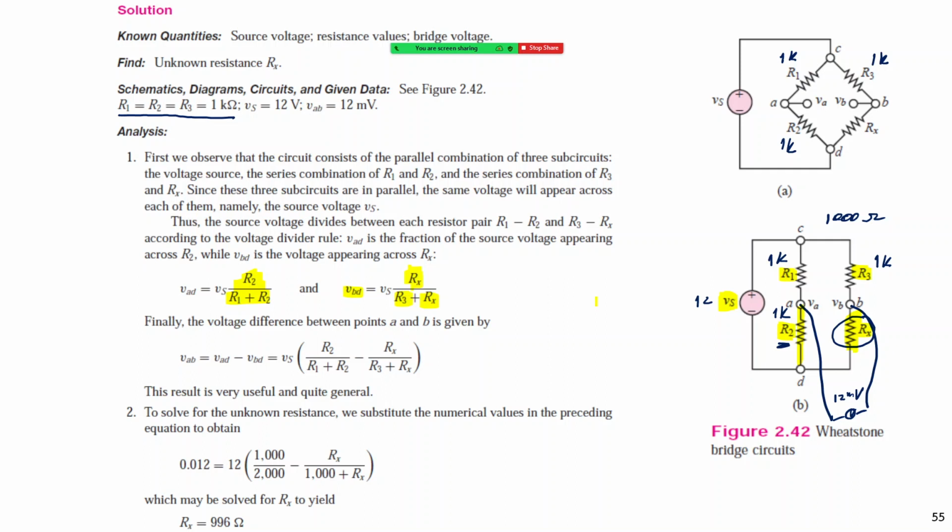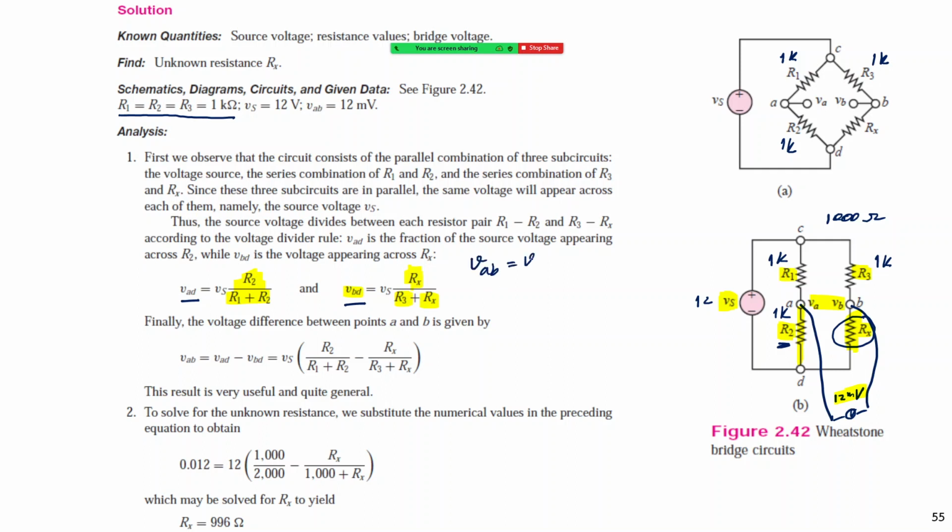So then we are going to find out VAB. We know VAB is 12 millivolt here. VAD and VBD are subtracted, right?